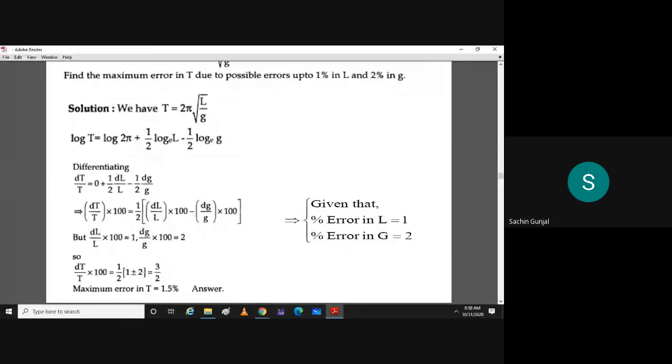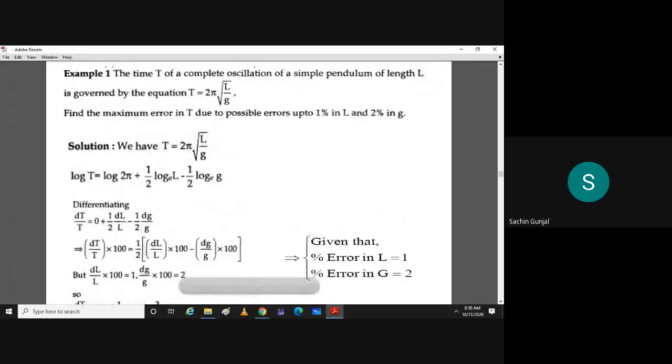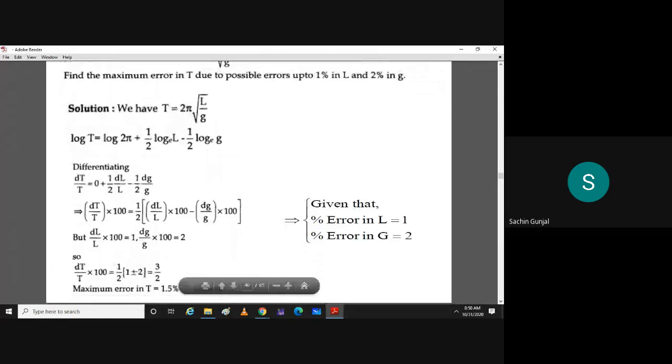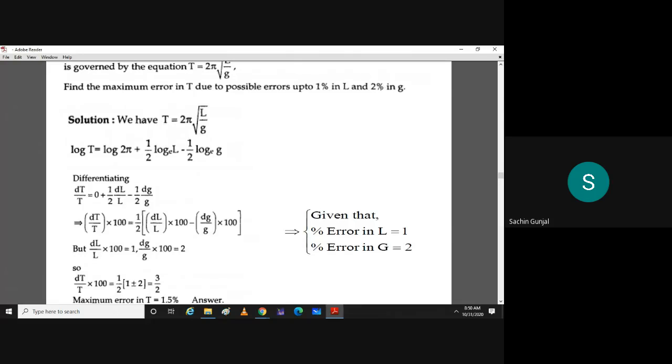Since this is negative, you need to find the maximum error in T. If you take this 2 as it is, you will get 1 minus 2, that is minus 1 by 2, but that will be the minimum error.